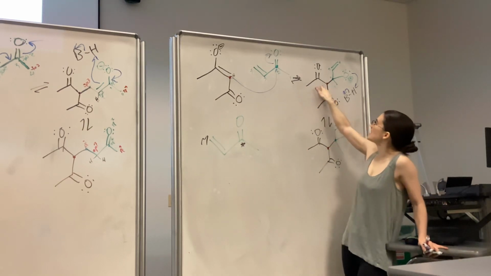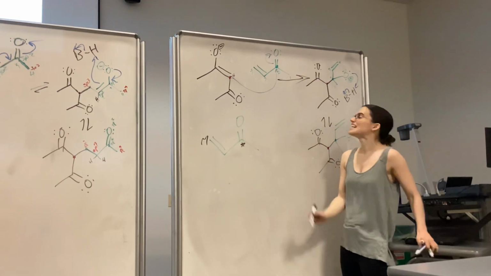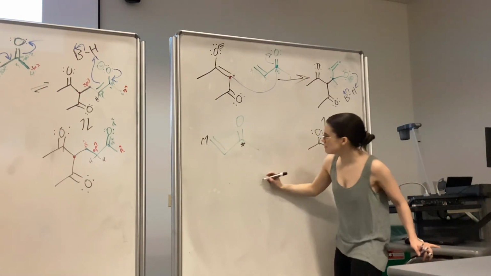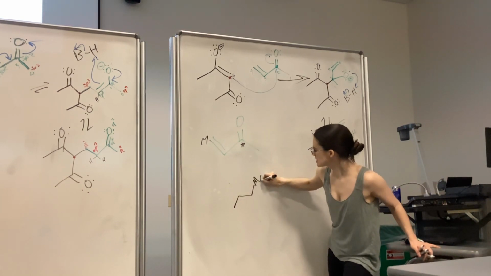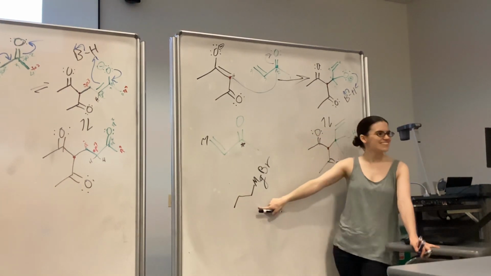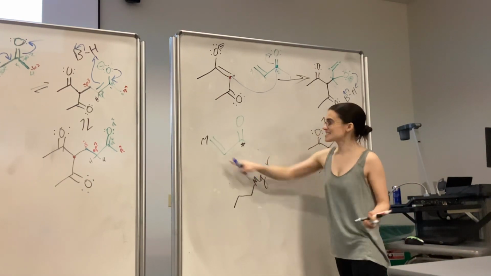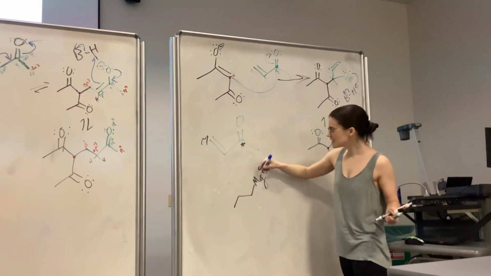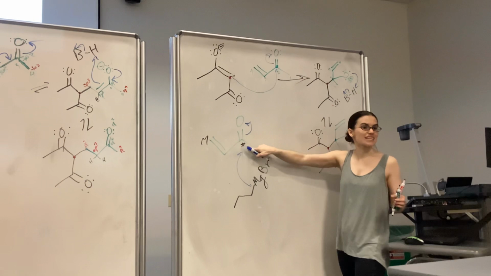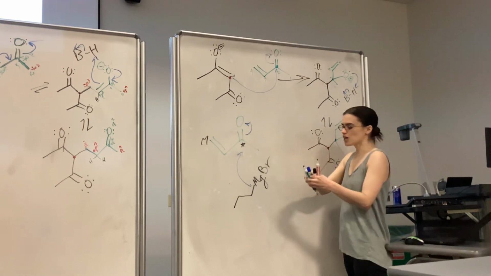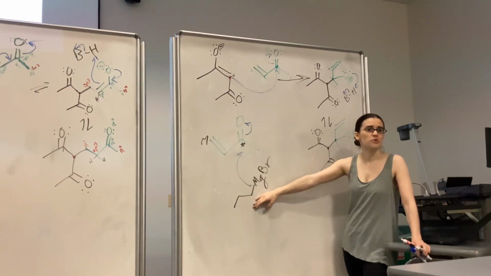If this first attack right here is not reversible, then all of a sudden, yes, this is going to attack some here and some here, but if we attack here, we're gonna stay there, right? So then it becomes which one is this actually going to do?